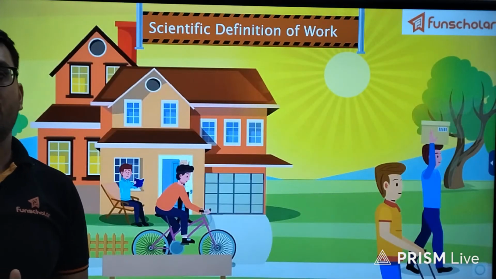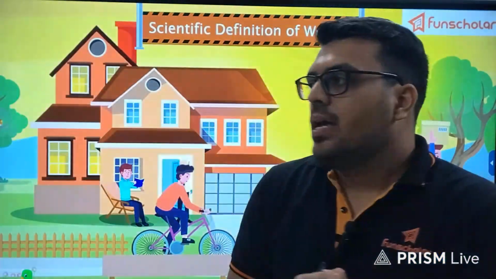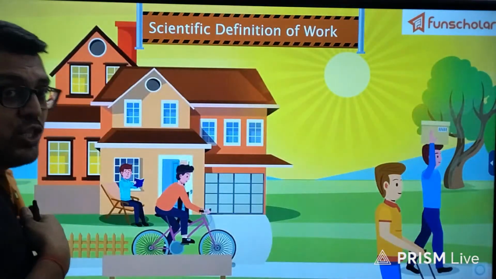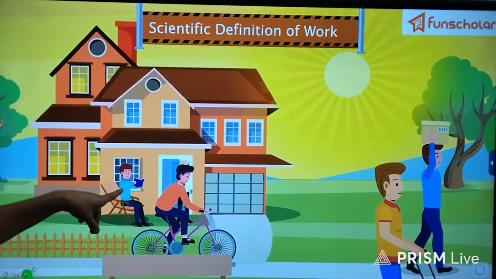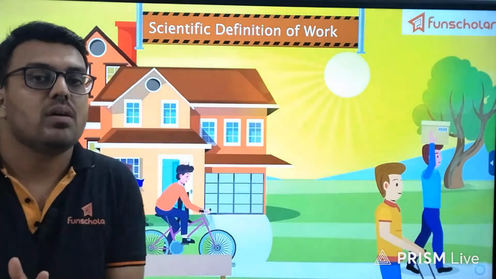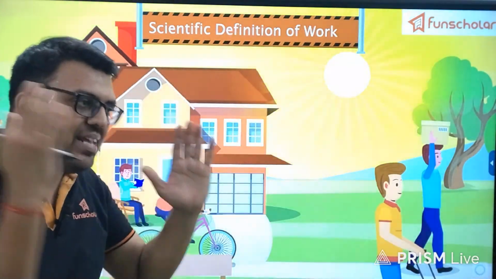This is where the definition of work becomes very handy and important in the field of physics. As per our definition of physics, this person who is sitting and reading a book will not be doing work, because he is not changing position. His posture is very steady.